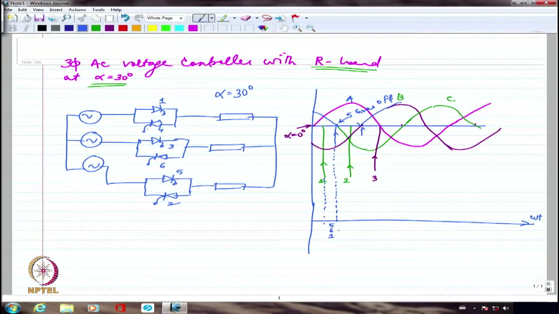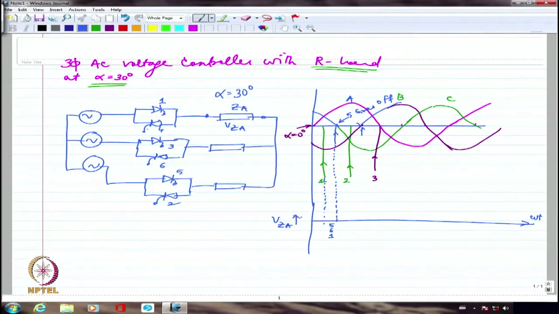I am talking about R load. If 5, 6 and 1 are conducting, all three phases are connected to the load. So if I look at the voltage across ZA, this is VZA. So VZA is going to be VAN itself.